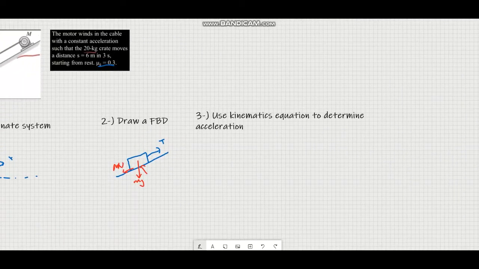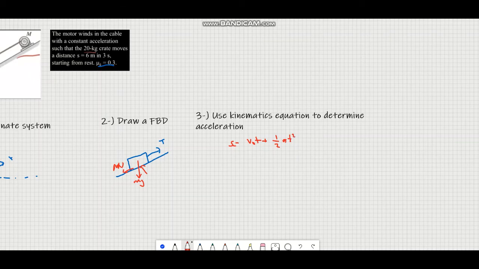We know that we have a formula: S is equal to V0 t plus 1 over 2 a t square, which gives us the distance.